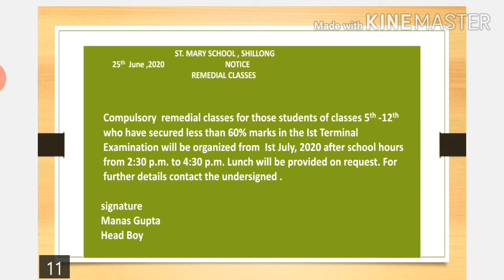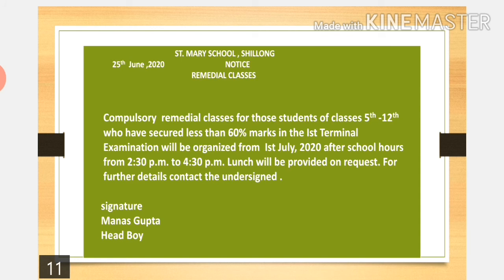Compulsory remedial classes for those students of classes 5th to 12th who have secured less than 60% marks in the first terminal examination will be organized from 1st July 2020 after school hours from 2:30 p.m. to 4:30 p.m. Lunch will be provided on request. For further details, contact the undersigned. Then the signature, the name of the issuing authority, and the designation.